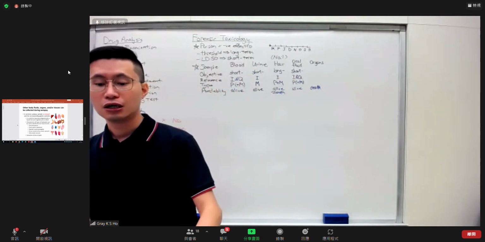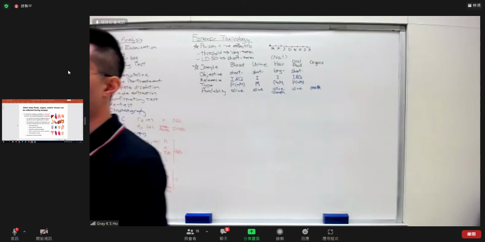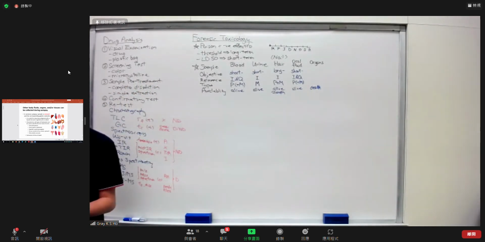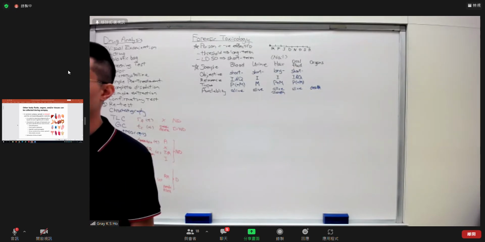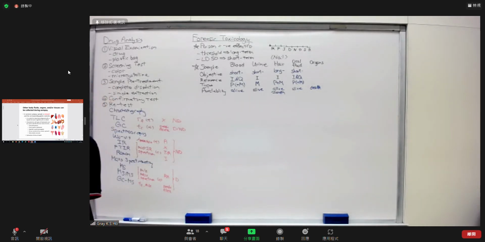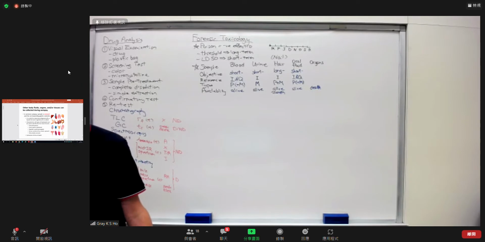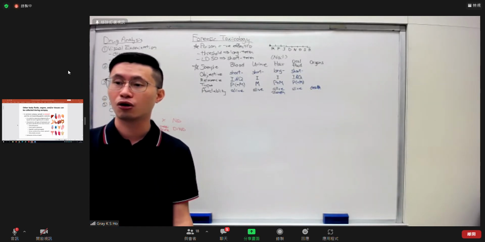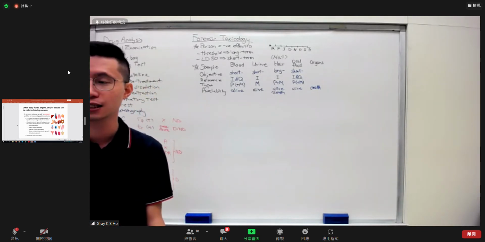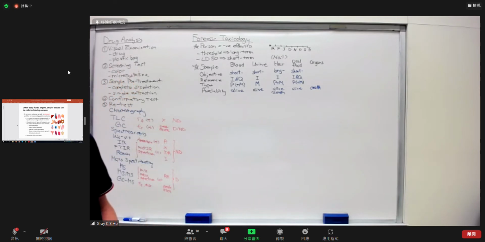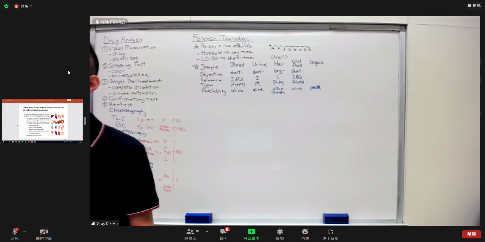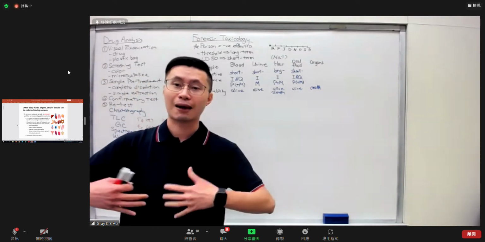So the question is, what kinds of organs should we take? We cannot be so greedy as to take all the organs out for the poison analysis. If you do, you make trouble for yourself, because after you conduct the analysis, you have to put the organs back into the dead body.